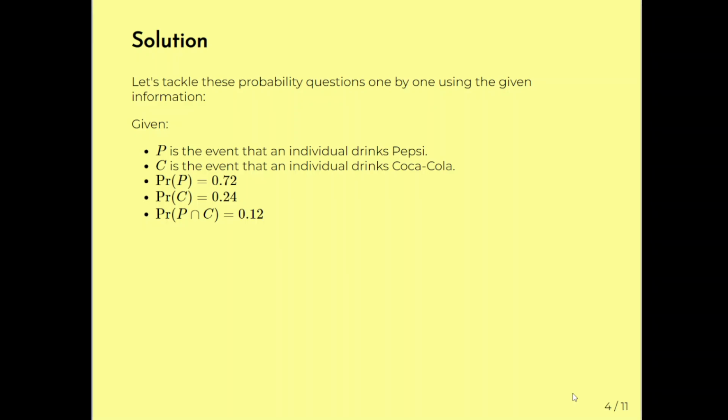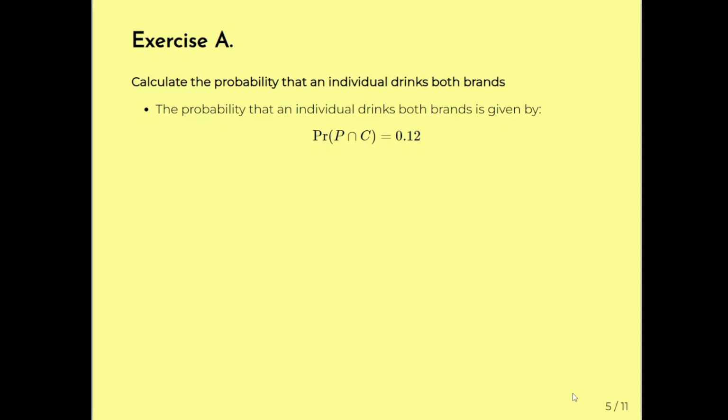Probability of C is 0.24. And the probability of P intersection C is 0.12. Okay, the last point there is important because that's actually the answer to the first question. Probability of P intersection C means P and C, Pepsi and Coca Cola, which means both. The probability that an individual drinks both brands is given by that expression explicitly, 0.12.